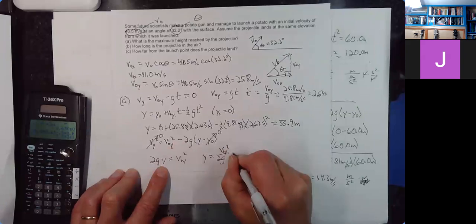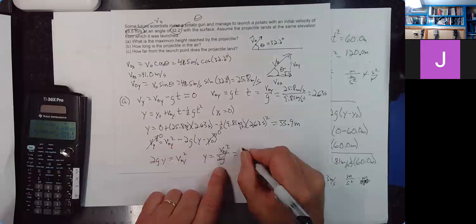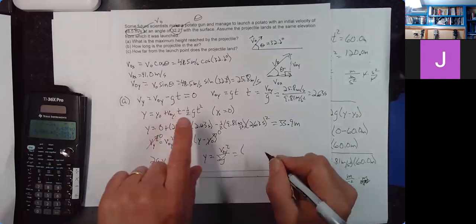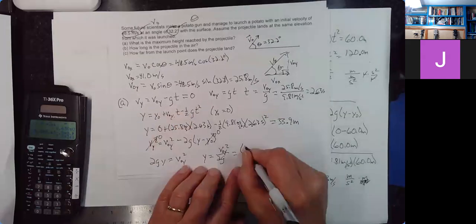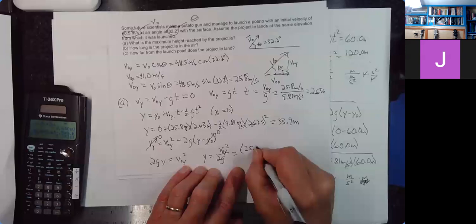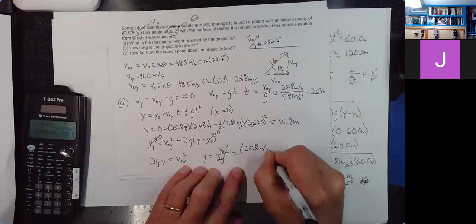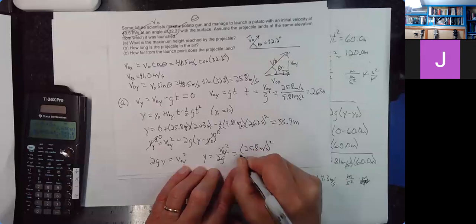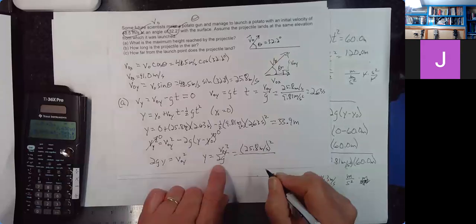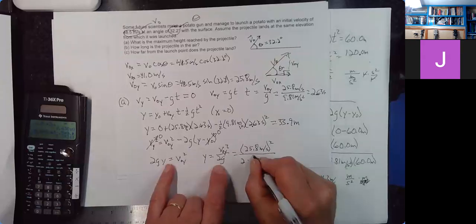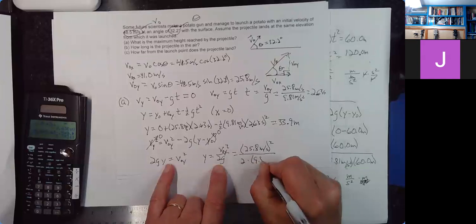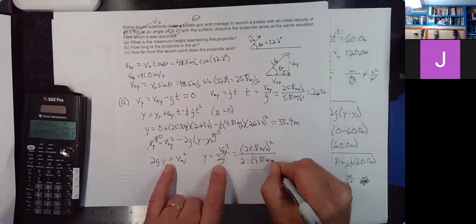Let's see if it works. 25.8 meters per second, and I square that. And then 2 times 9.81 meters per second squared.